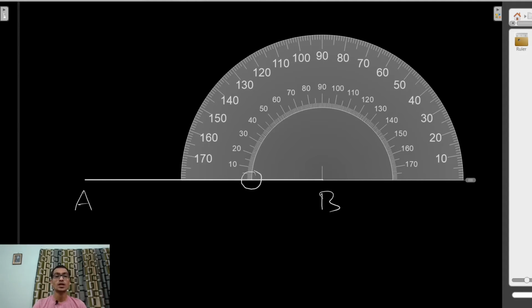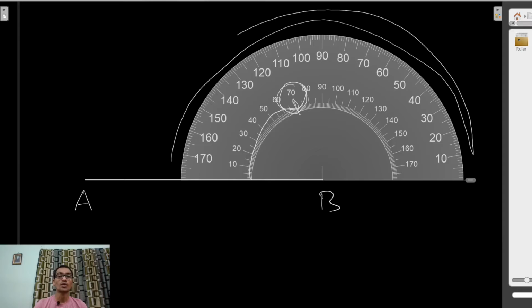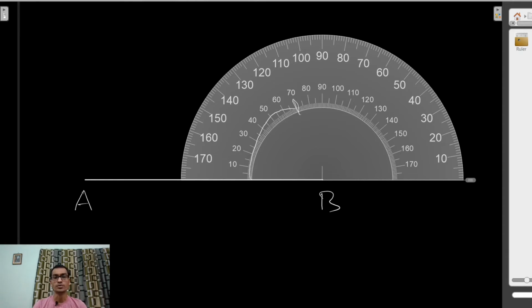From this 0 point you will start counting, and then here you can find 70, but you cannot mark over here because when you remove the protractor, the mark will also be removed. You can only mark over your notebook, outside the protractor, because this portion is covered by the protractor. So what to do?